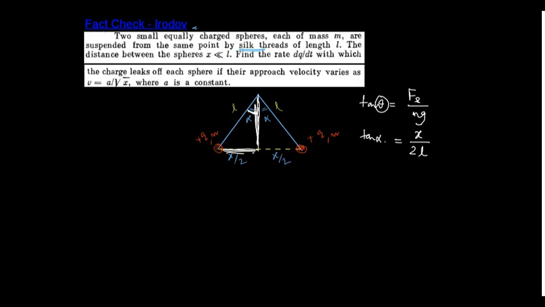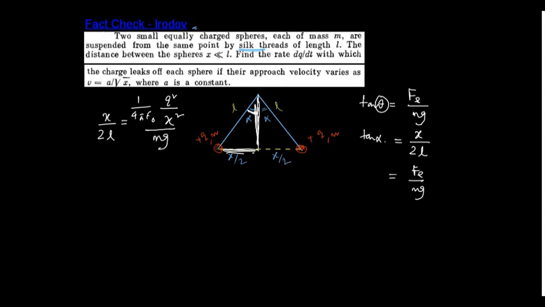So I can clearly write that x by 2L is equal to Fe by mg. No problem. Fe means 1 by 4 pi epsilon naught q square by x square, divided by mg. Fine.